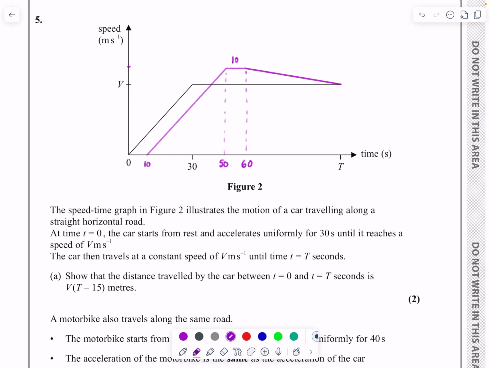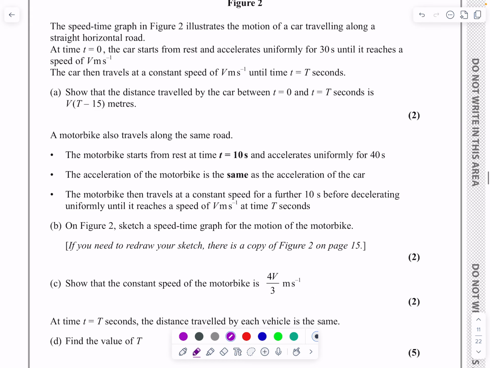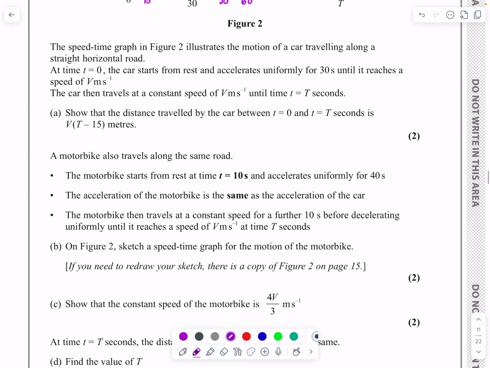I'm going to call this v1 and work out what that is in a second, but yep, that's good enough for part B. It says on the figure, sketch the speed time graph for that motion.